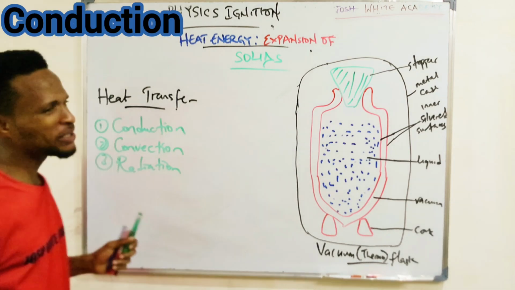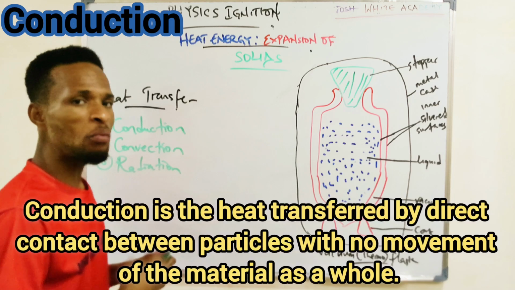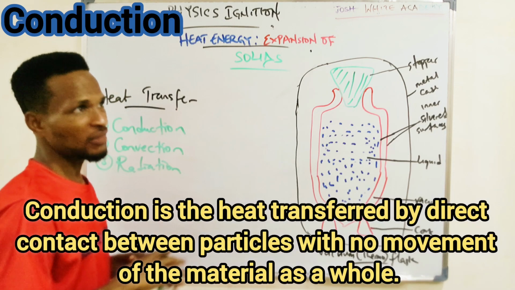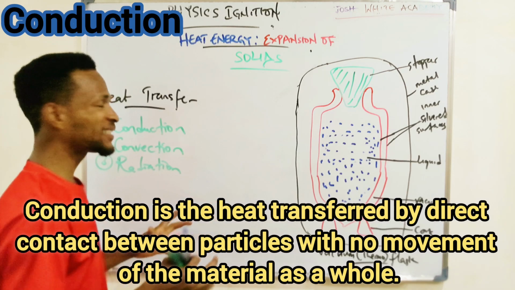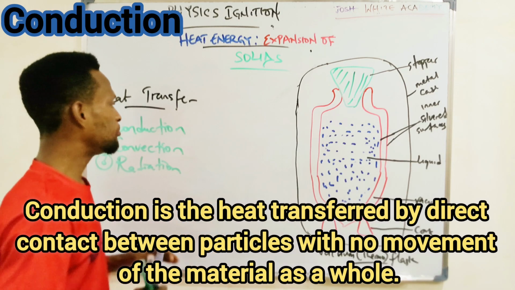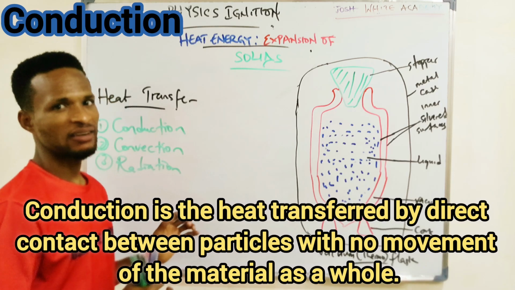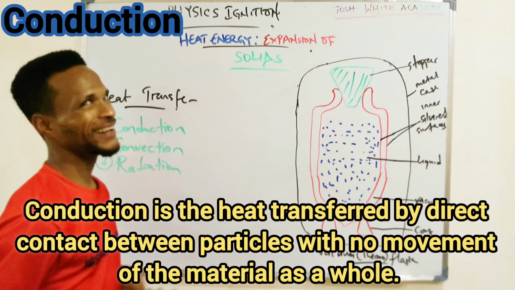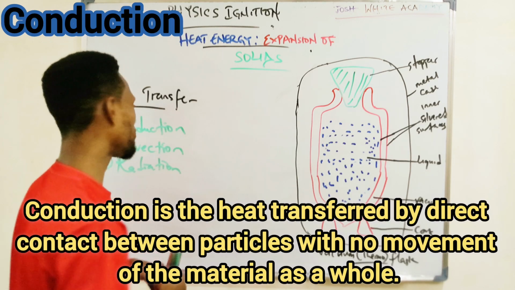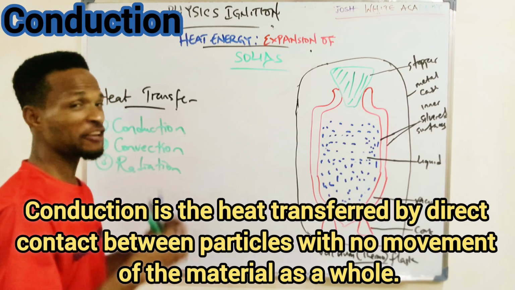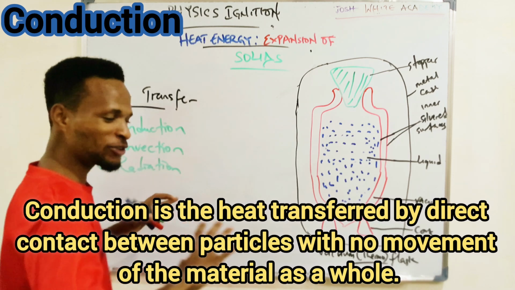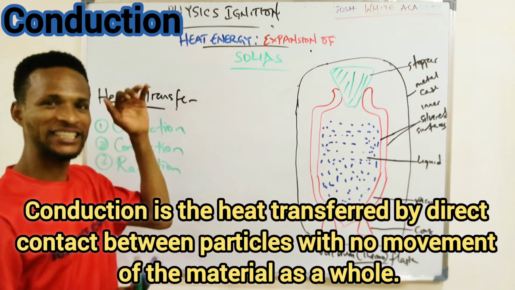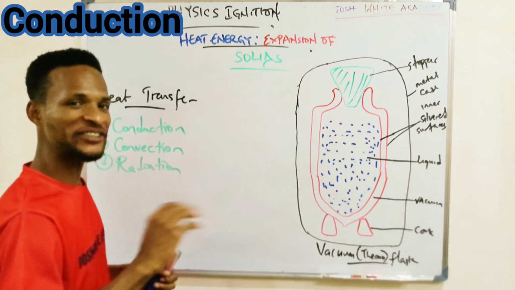Now, conduction simply means the transfer or movement of heat in a metal surface from the hotter part to the colder part, similar to the definition of diffusion, which is the movement of molecules of a substance from a region of higher concentration to a region of lower concentration.